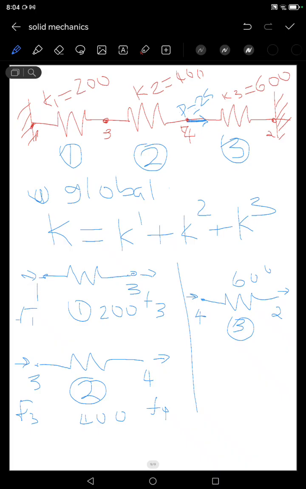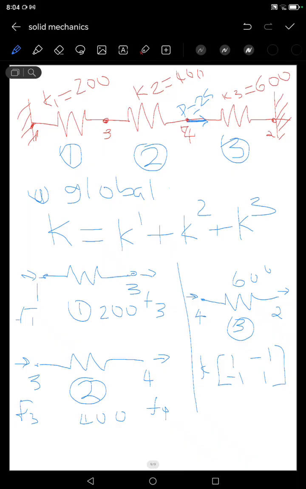And then to write the stiffness matrix, it's gonna be like this: K times 1 minus 1, minus 1 1. So it's gonna be 200 multiplied by 1, 200 multiplied by negative 1. So we're going to have the stiffness matrix for element 1, the matrix for element 2, the matrix for element 3. So we have 200, 400, 600.